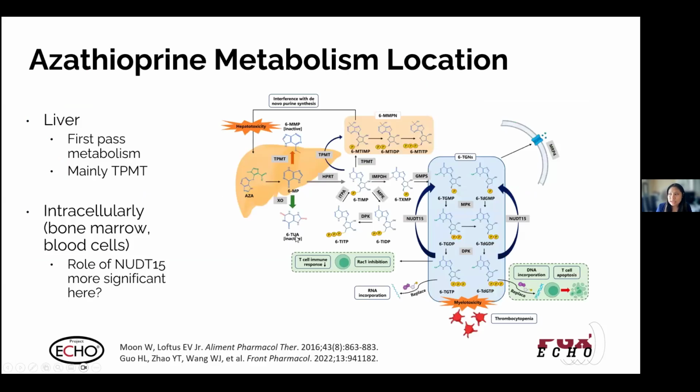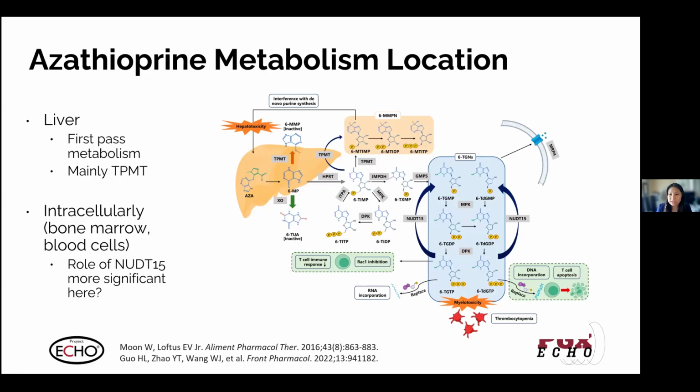When it comes to azathioprine metabolism, it's interesting that there's some discussion about whether the majority of it happens first in the liver with first pass metabolism, and if that mainly occurs with TPMT, and then afterwards those metabolites travel into the intracellular space where the mechanism of action occurs, like your bone marrow and blood cells.